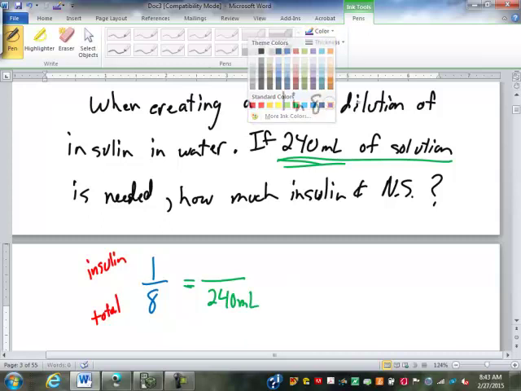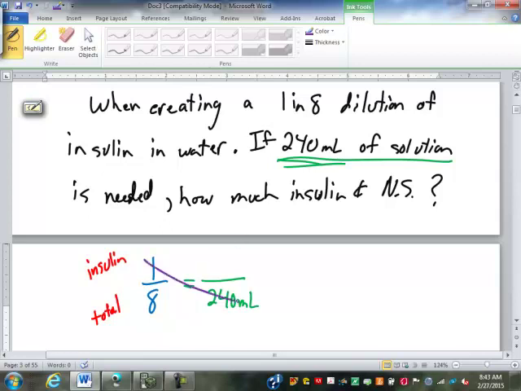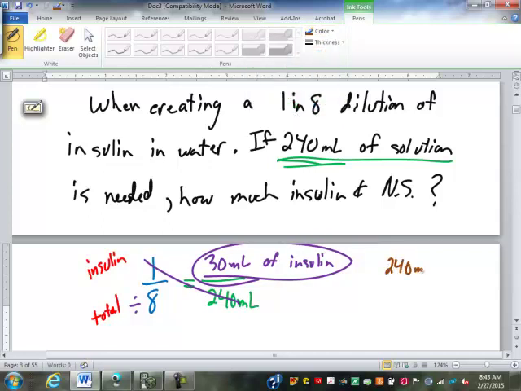And then cross multiply and divide with 30 milliliters of insulin. And of course, we'll take the short route. 240 milliliters minus 30 is 210 milliliters of water.